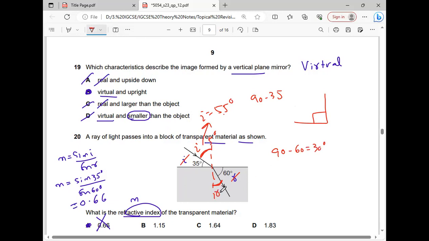So R, what was the definition of angle of refraction? The angle between normal and refracted ray. So R is equal to 30 degrees. Now we have to apply the same formula. n is equal to sine I over sine R, sine 55 degrees divided by sine 30 degrees, and now the answer is 1.64. So which option is correct? Option C is the correct answer.